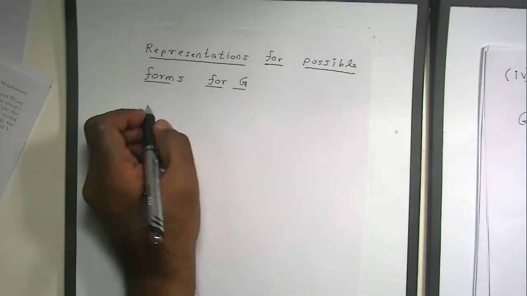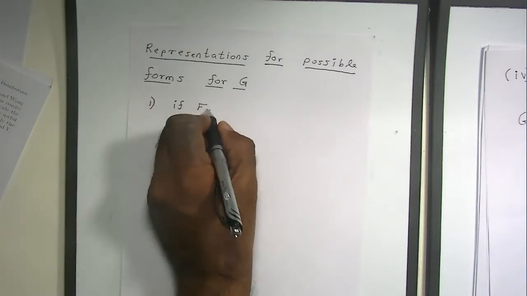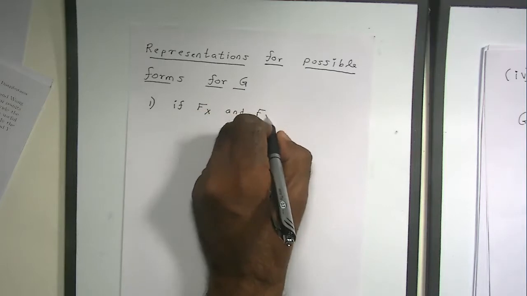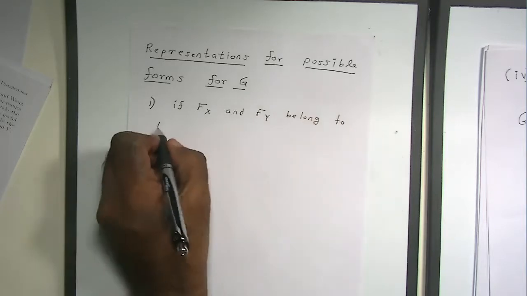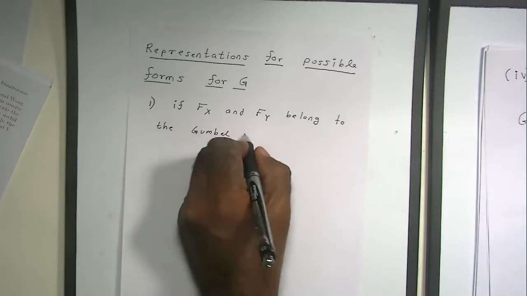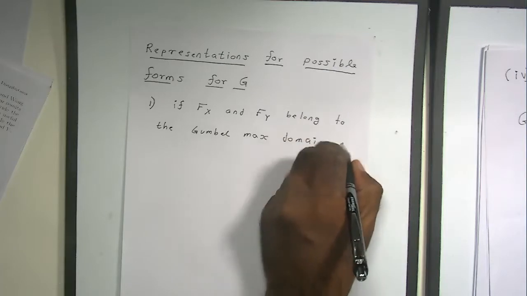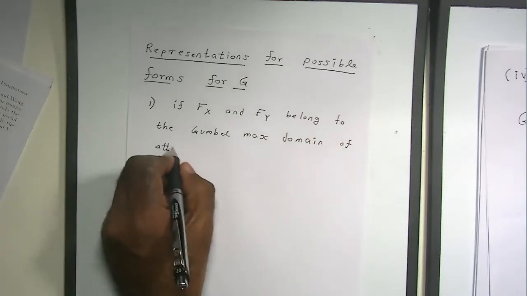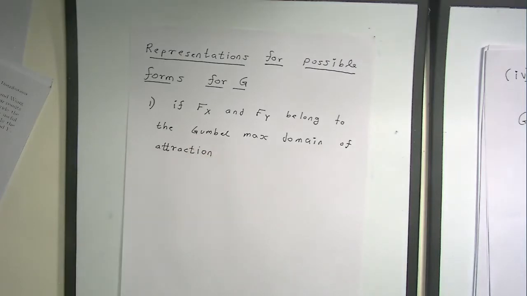Okay, I'm going to consider a few cases. Case 1, if F_X and F_Y, remember F_X and F_Y are the marginals of the F, which is the joint CDF of the data, right?